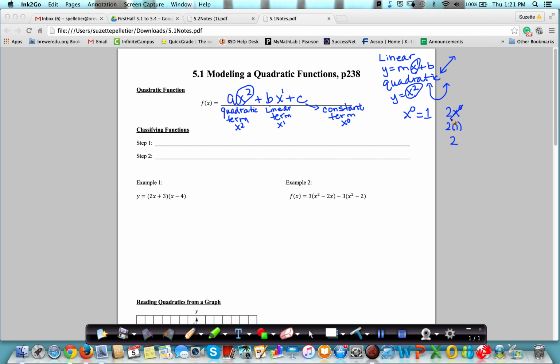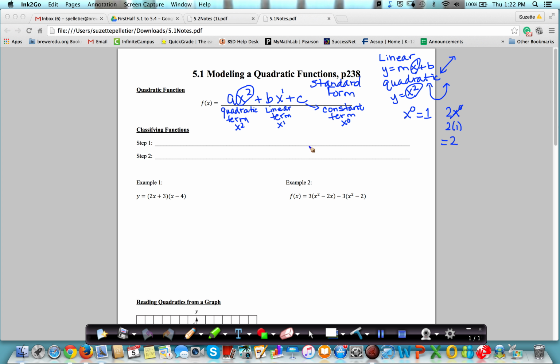So essentially, there are no x's. You have just the number, just a constant. So we call that the constant term. And the last thing I want to tell you about a quadratic function in this form is that this is what we call standard form. Okay, standard form. We will be working with quadratics in vertex form as well later, but right now just standard form.